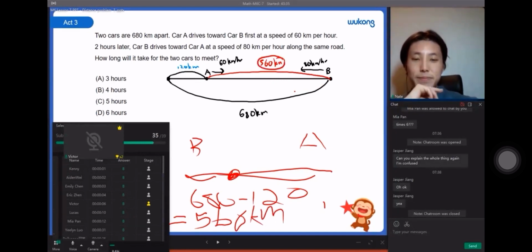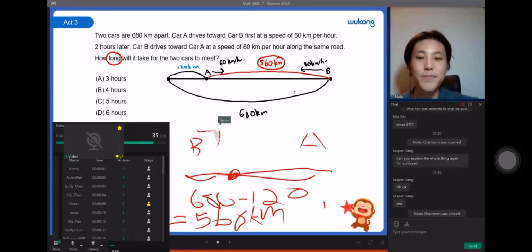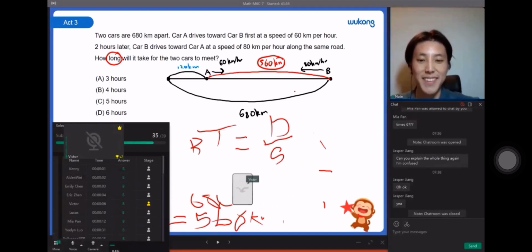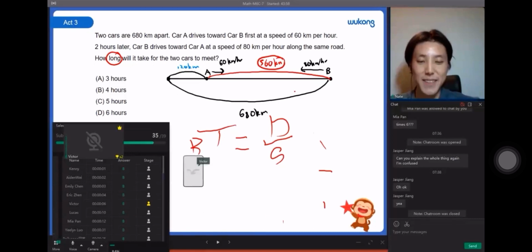And then after that, we're looking for how long it takes for the cars to meet up. So the time is equal to distance divided by speed. Very good. Yeah, the remaining distance divided by the speed. So the distance would be 560. Good.